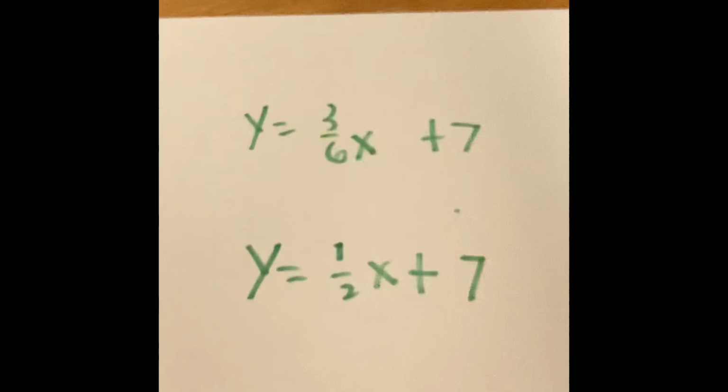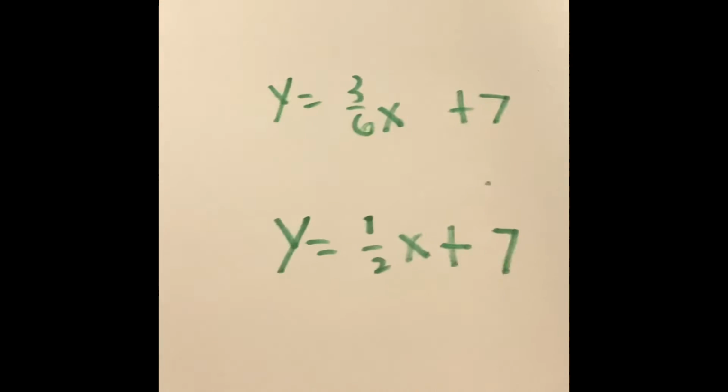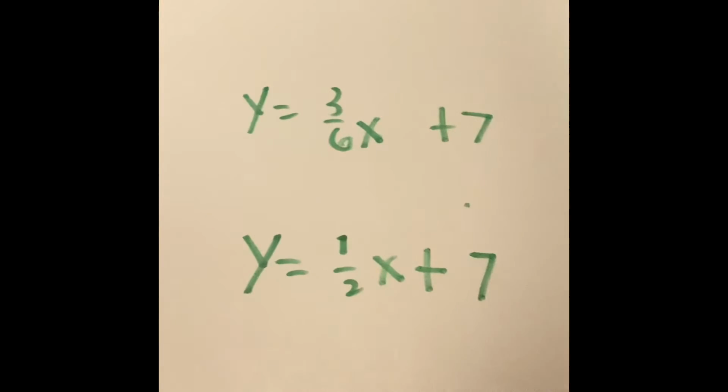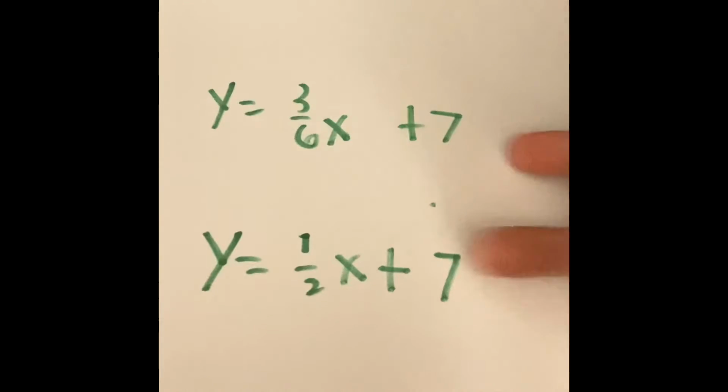The last one we're going to look at is basically the same thing as no solution, but the opposite. Let's see what happens when we try to graph these equations.